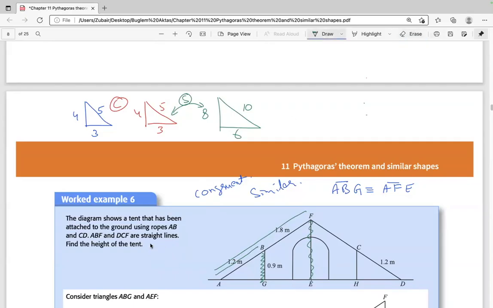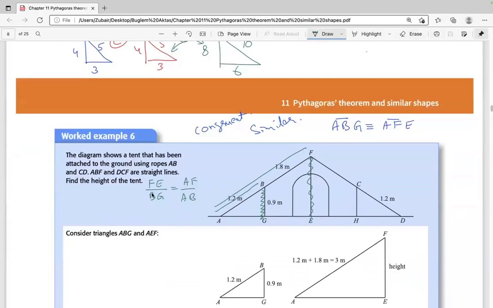So if I write FE, which side is it similar to? It's similar to BG. On the other side, because I started with the greater length, I'm going to write AF first and then AB. Now what are we going to do? Just fill in the values.